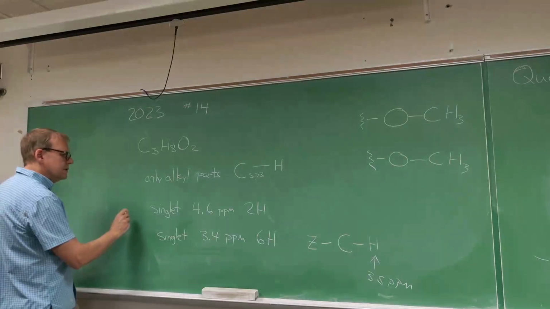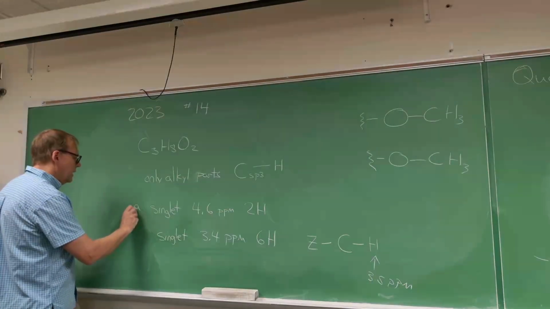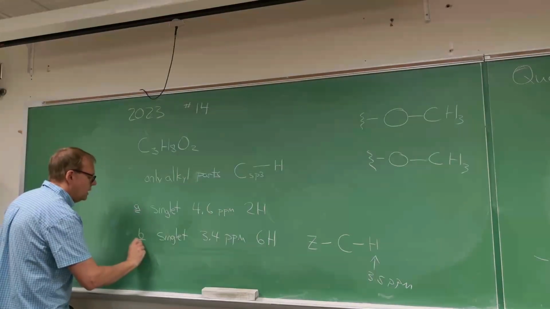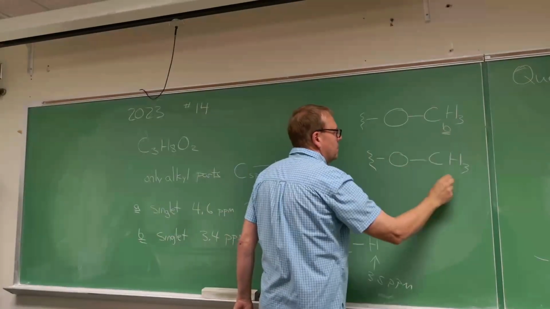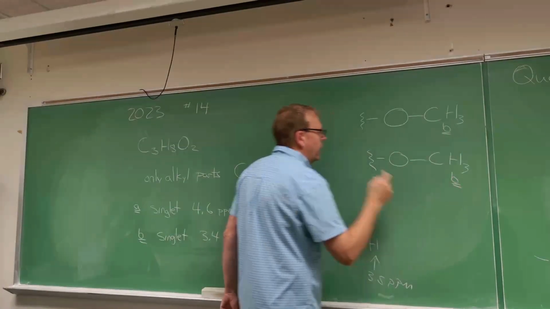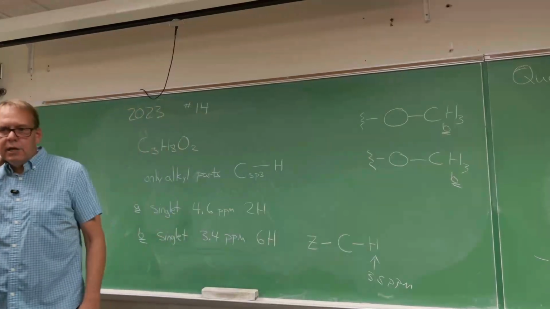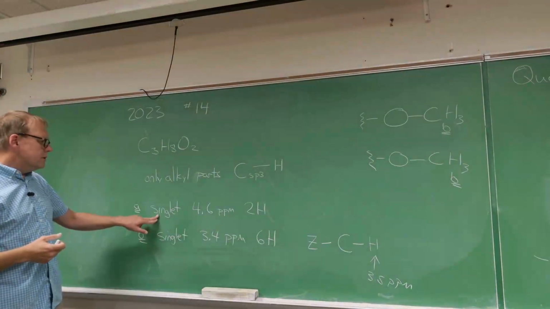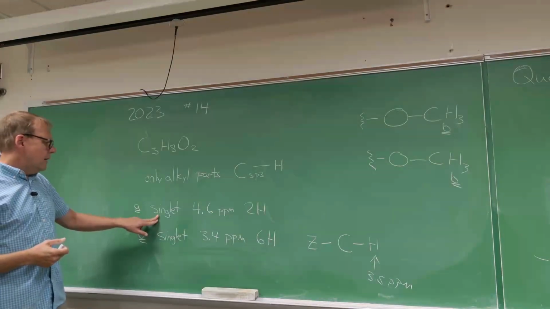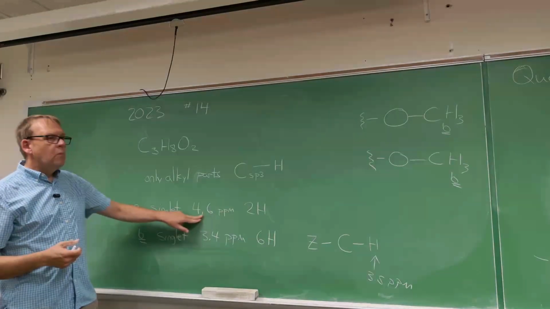I'll call this signal A, and I'll call this signal B. So these would represent the B signal. And they'd be singlets because they're attached to an oxygen and not next to anything else. Then we have to figure out what these are. This is 2 H's, and they are at 4.6. So this is even more deshielded.